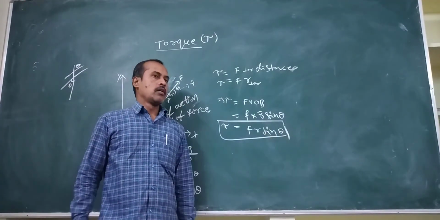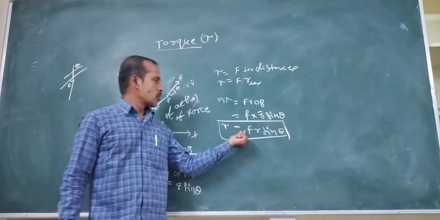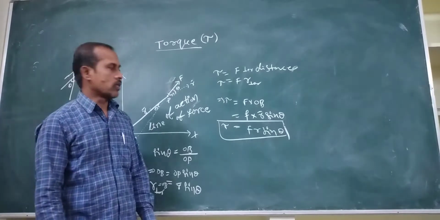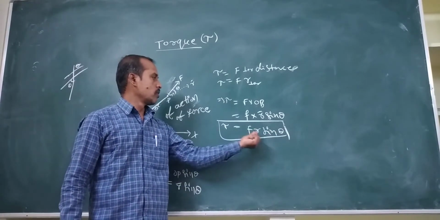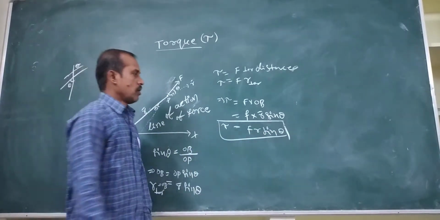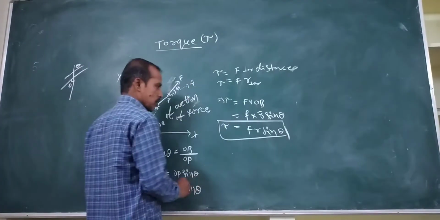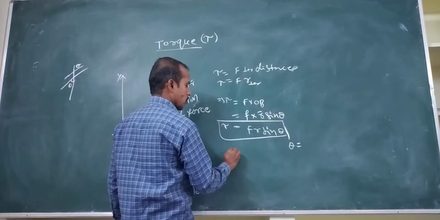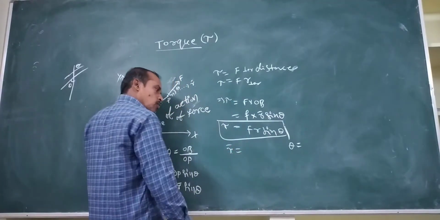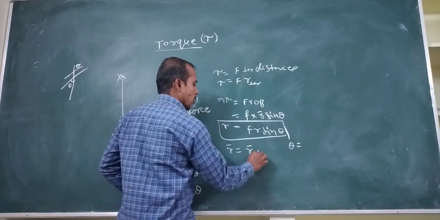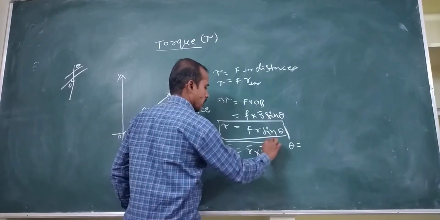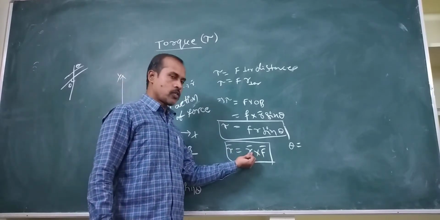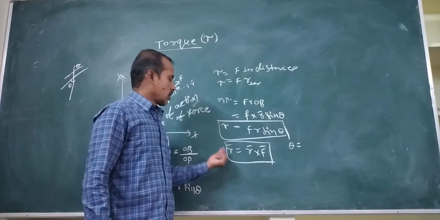Here theta is the angle between the force vector and the radius vector or position vector of the particle. In vector form, tau bar is equal to r bar cross f bar, where r bar is the position vector and f bar is the force vector, and tau is a vector.